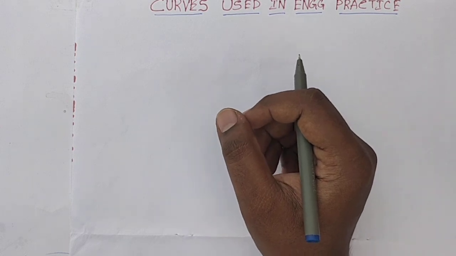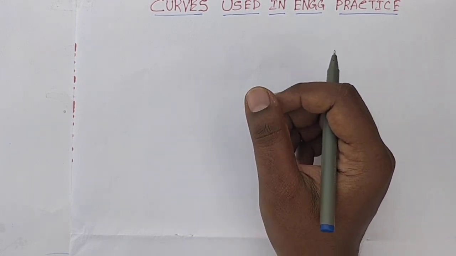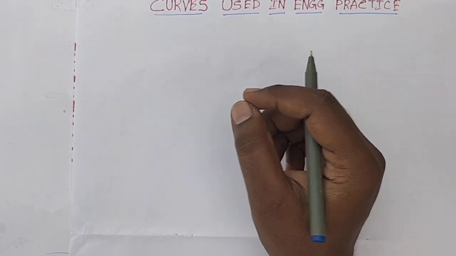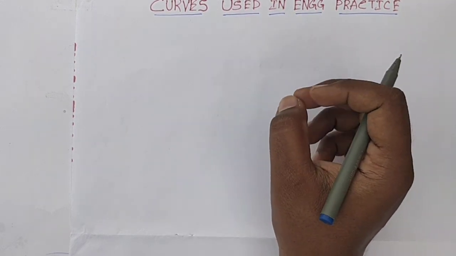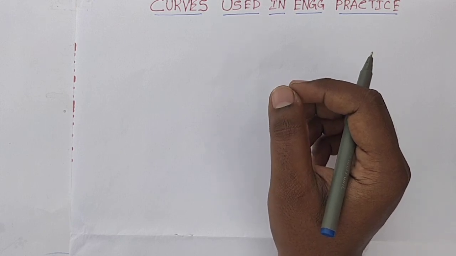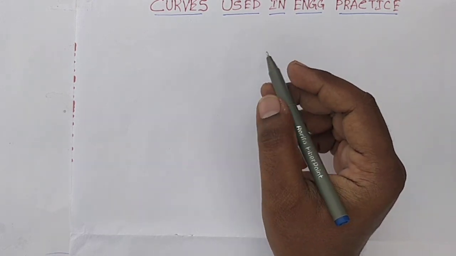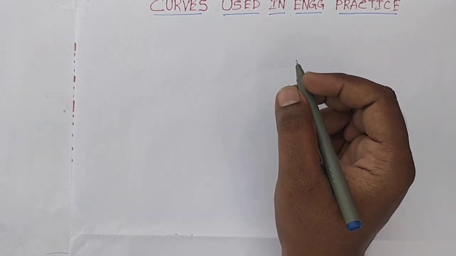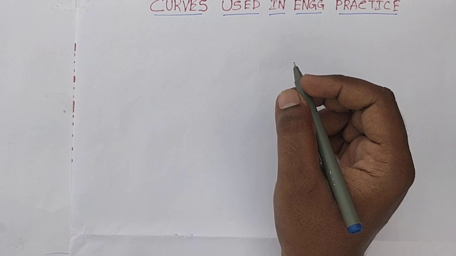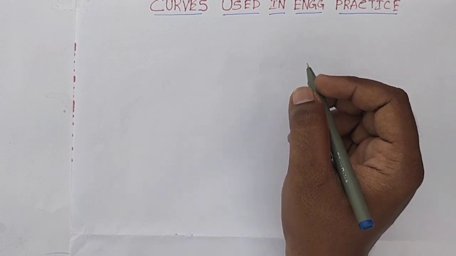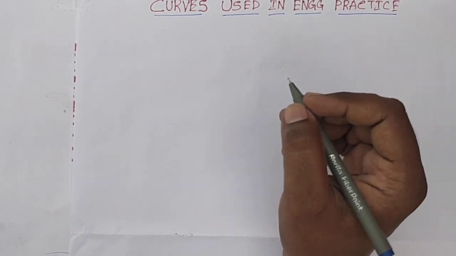Sometimes it consists of irregular surfaces. Example, pipe joints, car bodies, mobile bodies. All the objects we use for engineering purposes are made up of straight edges, curved surfaces, and sometimes irregular surfaces. So we need to know how to draw curves and what the different types of curves used in engineering practice are.